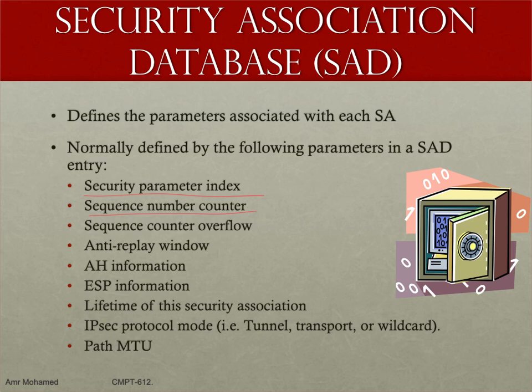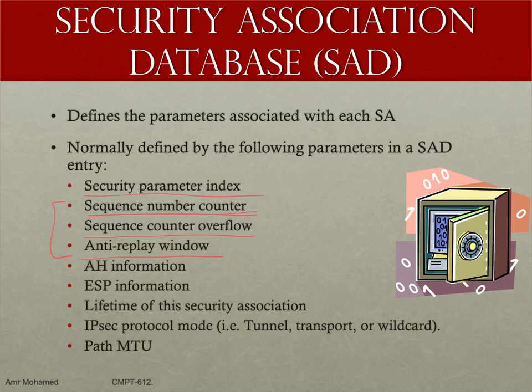But we use sequence numbers for replay attack, right? But here you will see we have a sequence number, we have a sequence counter overflow, and we have an anti-replay window. All of these three are used for replay attack. Why not just simply the sequence number? Why do you think we need all these three for the case of IP?